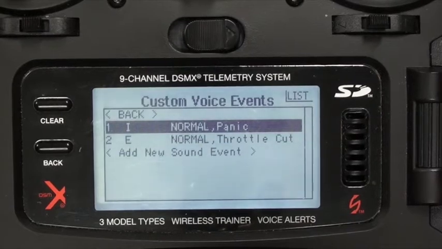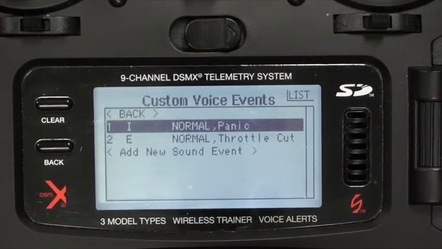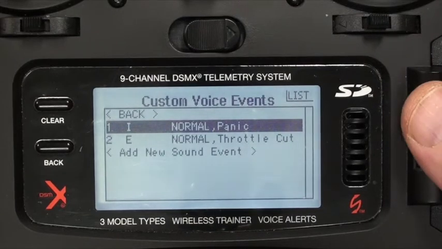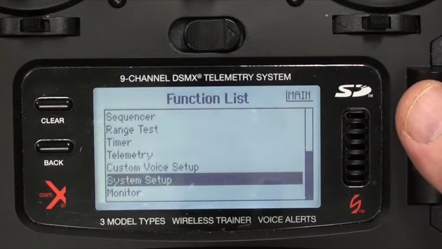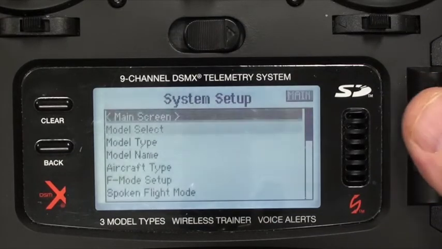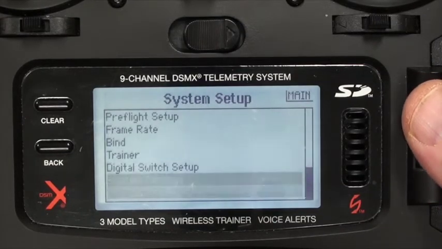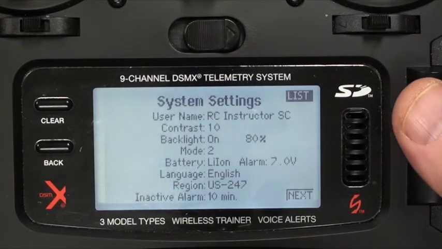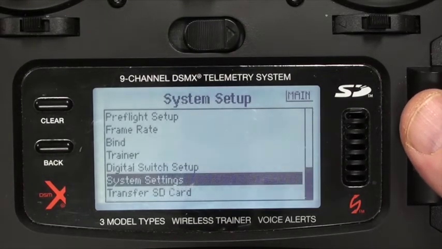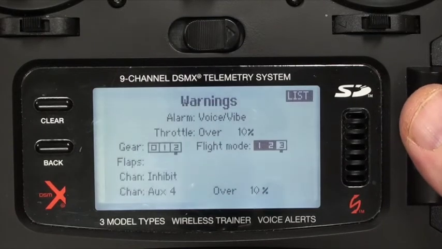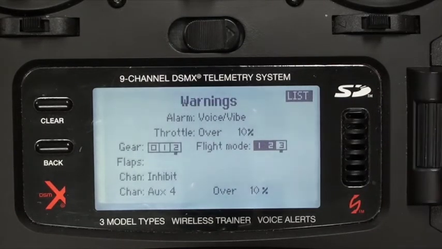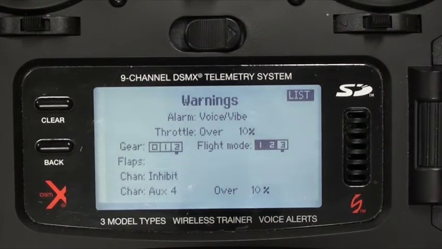Alright, and if I try to start the airplane, oh, let me go back down to, so that's the voice anytime I flip it. Go back in here to system setup and system settings. Oops, sorry, wrong one. Where are my warnings here? Warnings, okay. So if it's over 10%, then do a warning.